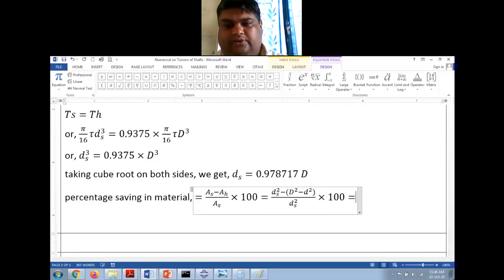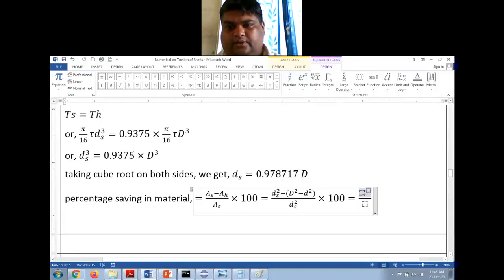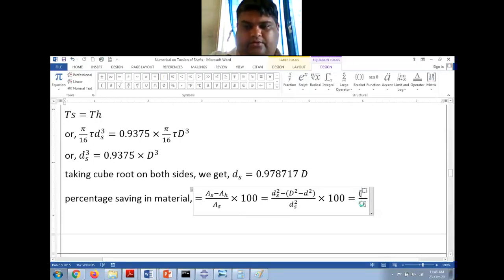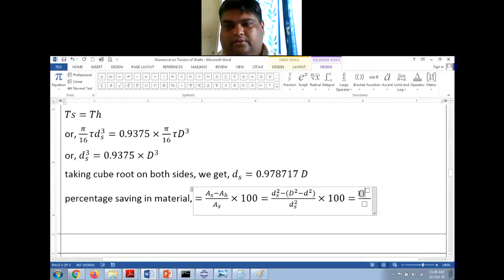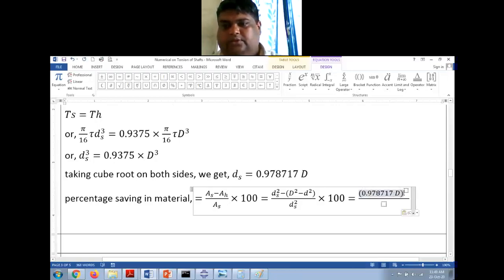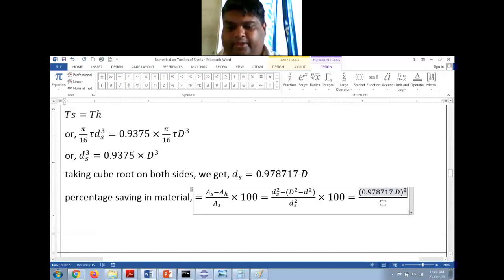So this is equal to, just copy this. Again, you will have a ratio here. So this much D whole square minus D square.